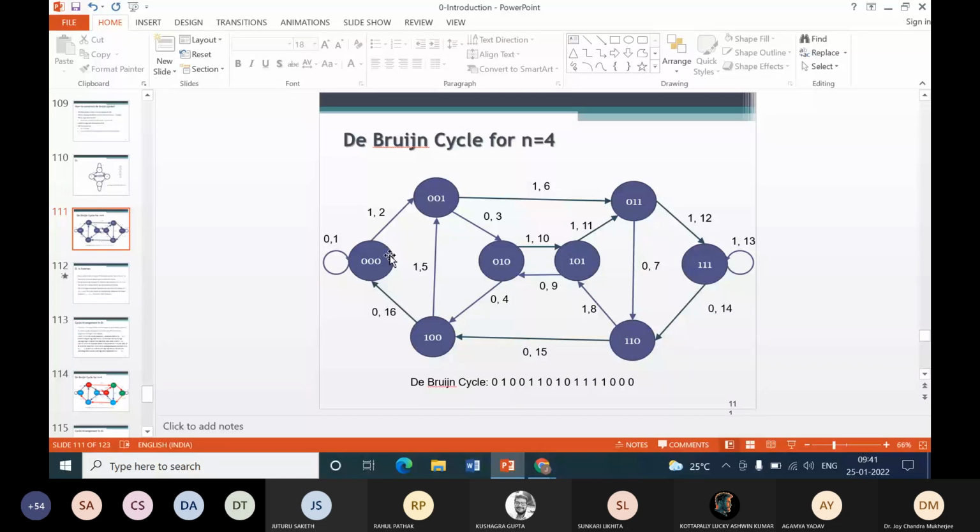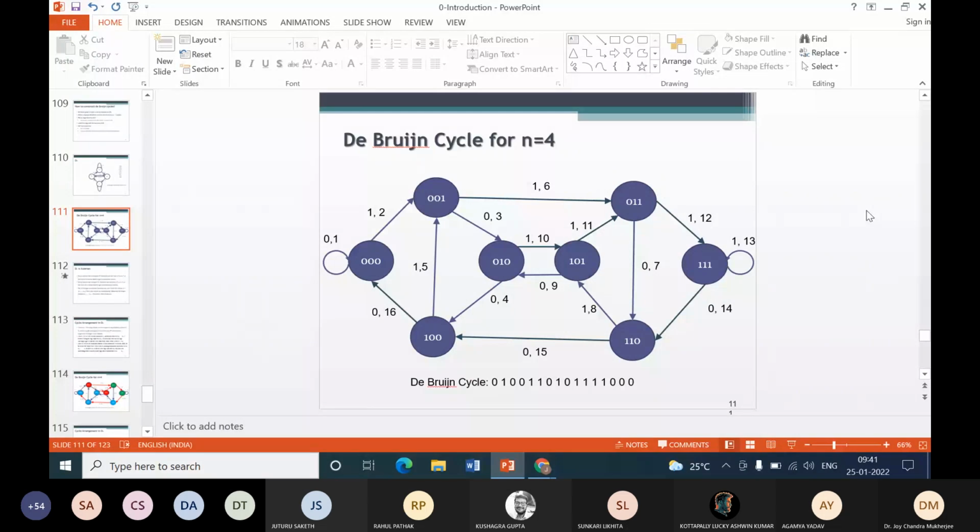That is the first observation. If n equal to 3, all the vertex combinations starting from 0 0 0 to 1 1 1, every bit combination is there for each of the vertices. So every vertex level is distinct. That is clear to us.